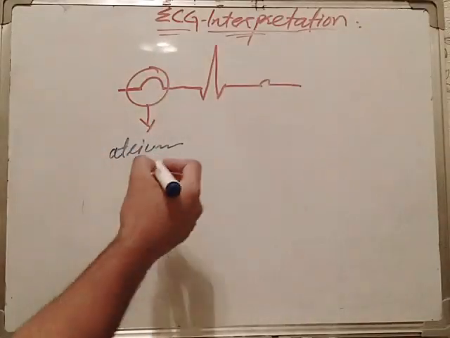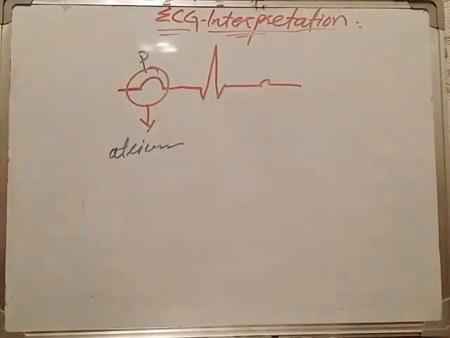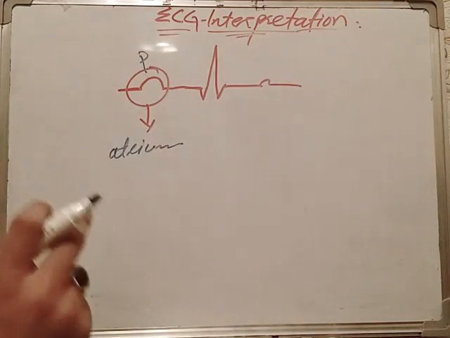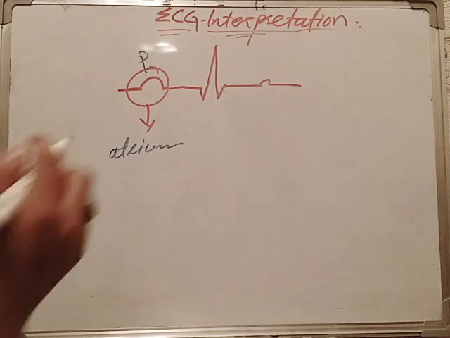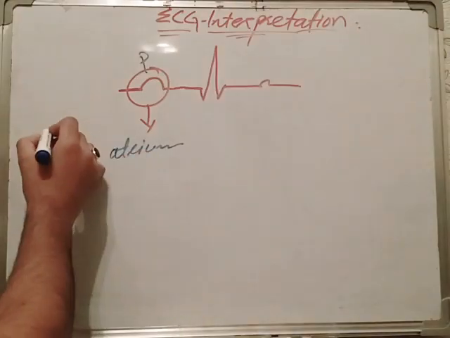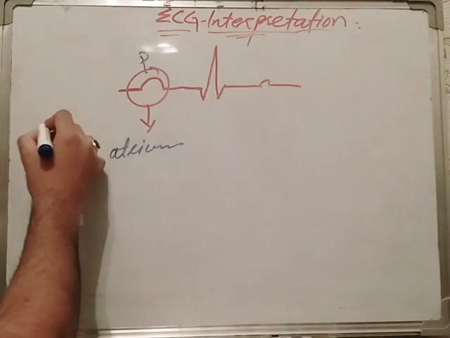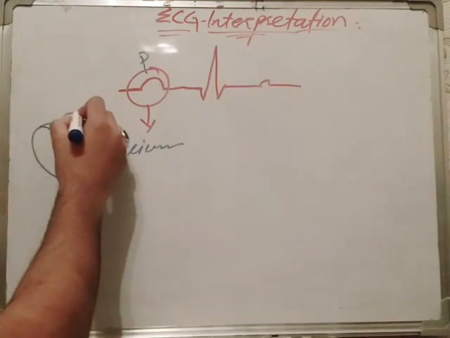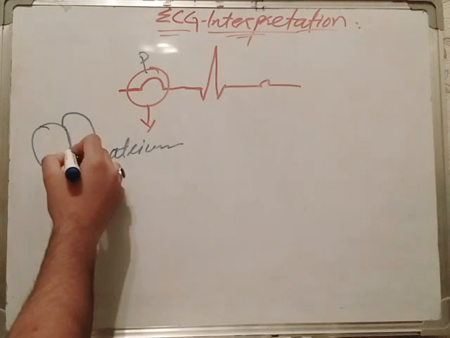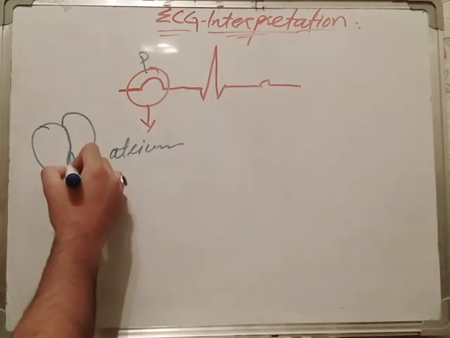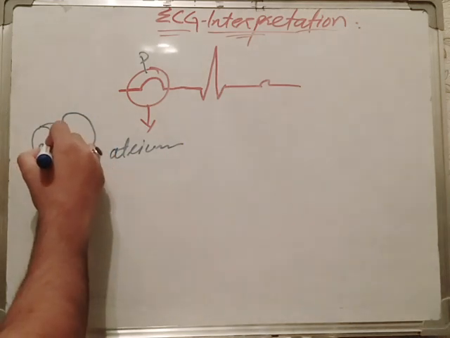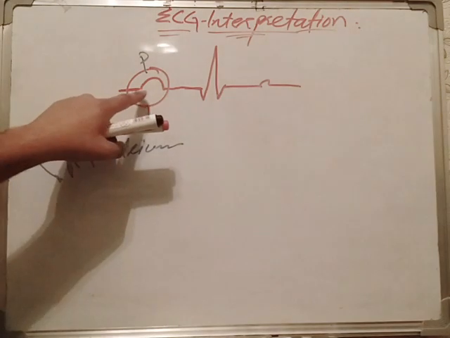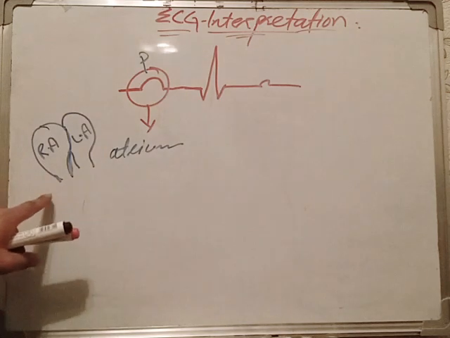So this P wave is a combination of two components, two chambers of the heart: the left and right chambers, the right atrium and the left atrium. So this P wave presents the depolarization of both chambers.